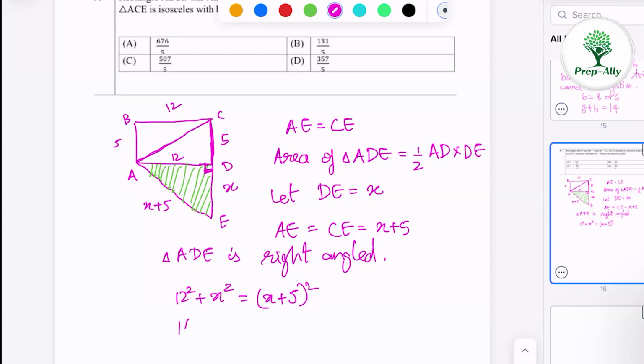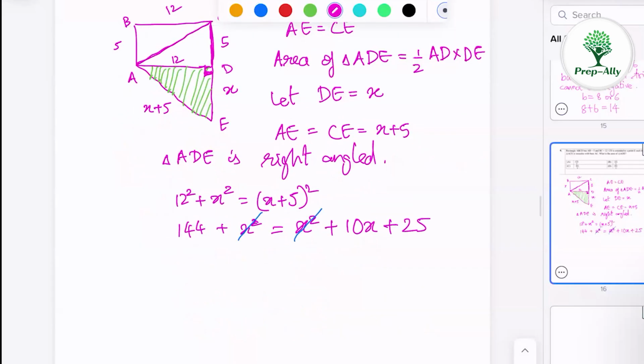Now, we have 144 plus X square equals X square plus 10X plus 25. Now, these terms cancel out and we have 10X equals 144 minus 25, which is equal to 119. So we have X equal to 119 by 10, right?